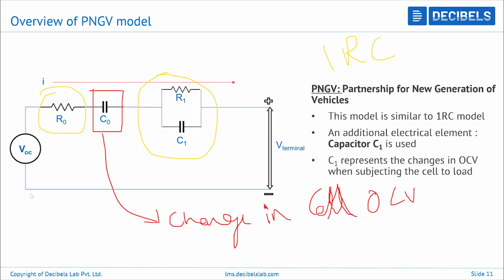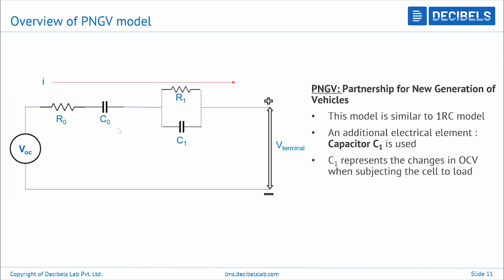There are some advanced electrochemical processes affiliated to this element C naught. We have to go more into the electrochemistry part to understand that. But on a surface level, it is important to know that some small amount of charge layer and charge buildup influences the changes in open potential. You can see the entire layout of the model on the left side, right?